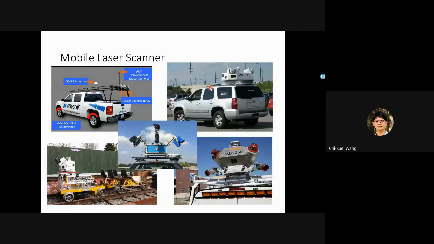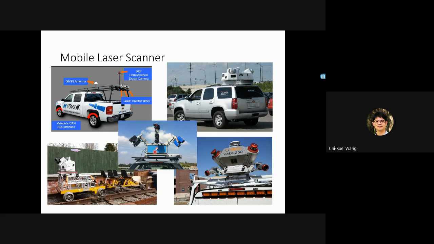Many companies make such a system. You can put it on a van or put it on a truck. Of course, it usually has the GNSS, a laser scanner, and a camera, a 360 degree hemispherical camera.